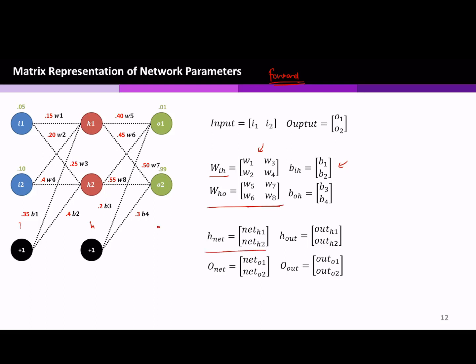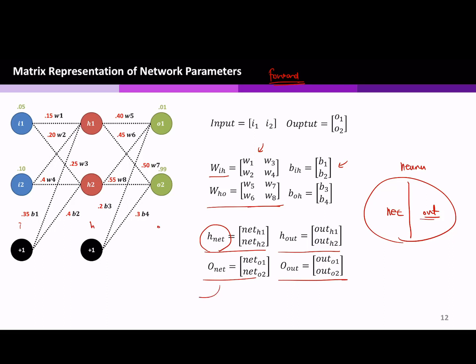And we can make the net and out. You remember the net and out for each neuron. So this one is H net in the hidden layer and H out for the hidden layer. These are for the output layer.